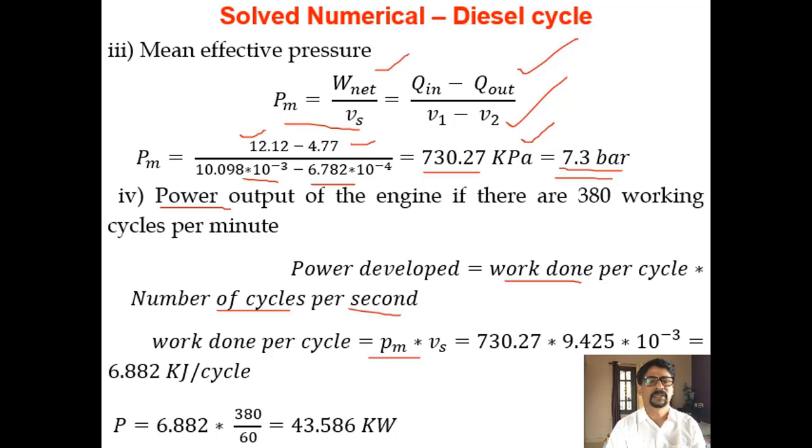Or else you can find out Q in minus Q out also. Both are possible. You'll get it as 6.882 kilojoules per cycle. Otherwise 12.12 minus 4.77, so Q in minus Q out, that also you will get directly as work done per cycle. Okay.